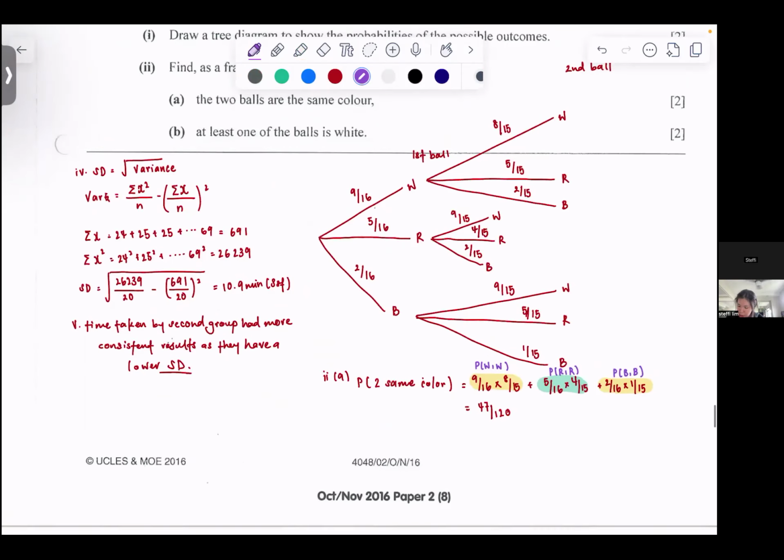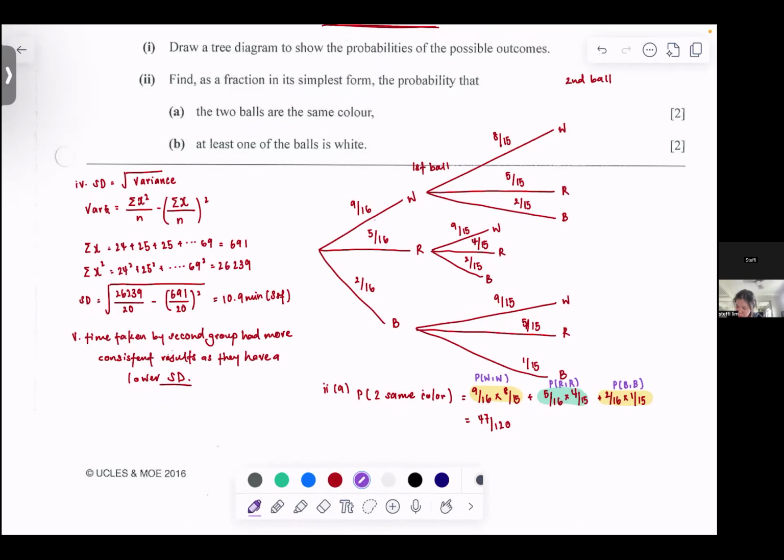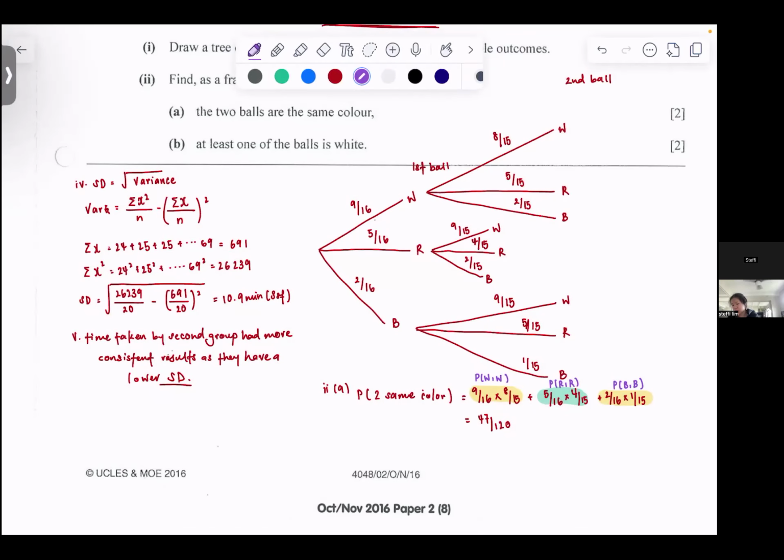Okay, and then part B, at least one of the balls is white. You realize that you're going to be adding a lot of things if you try to find it directly, right?